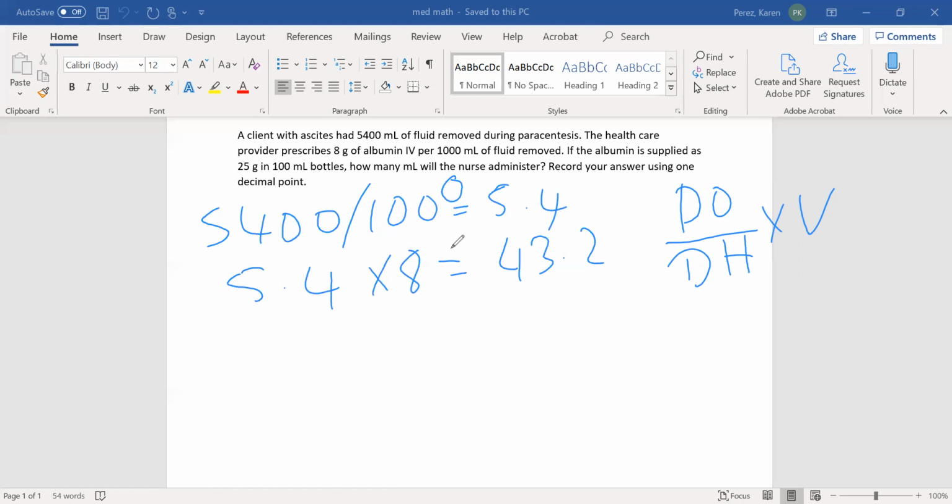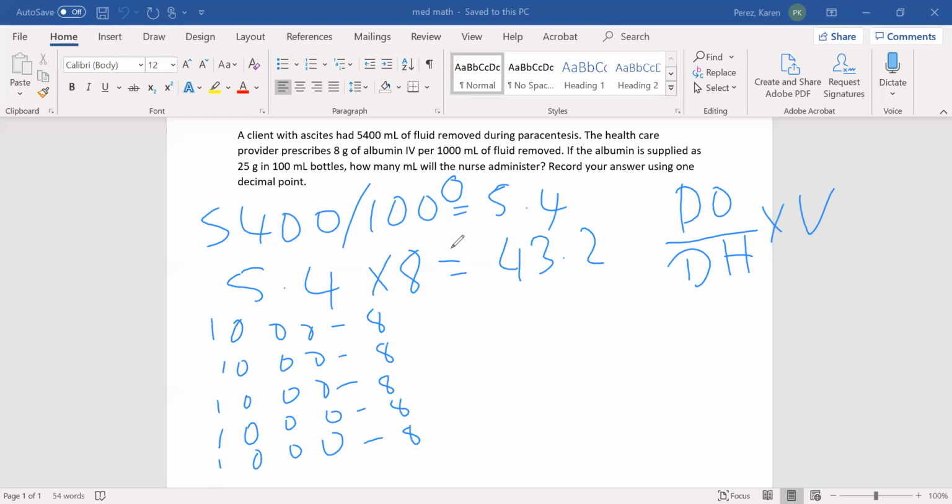Now, if you want to work it out logically, you could write out 1,000, 1,000, and so on, which is a very long way to do this. Sometimes you get stuck and don't remember the formula. So you know that for each 1,000, you give 8 grams.